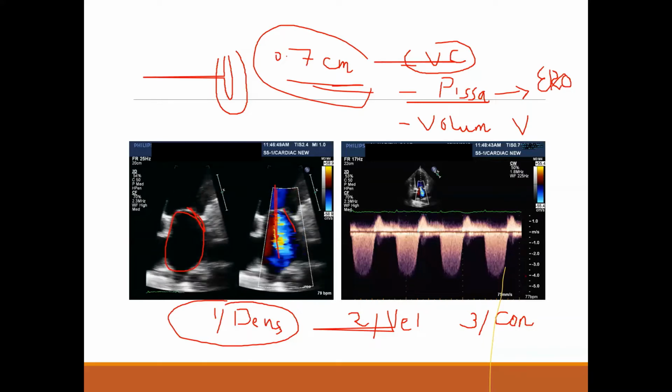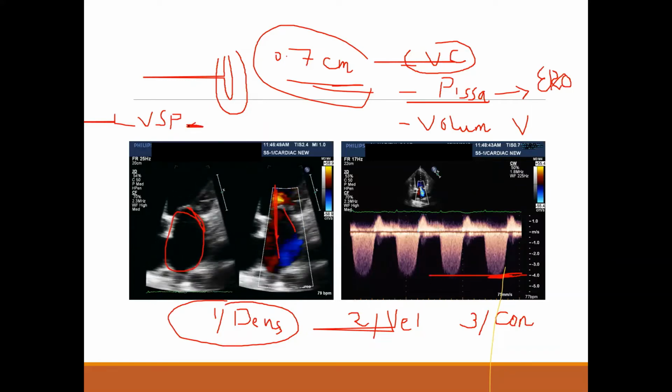Now the velocity, does it reflect anything about the severity, the peak velocity here? No, not at all. In fact, if the MR is severe enough, it tends to lower this velocity for two reasons. The peak velocity is the result of LV systolic pressure minus what?